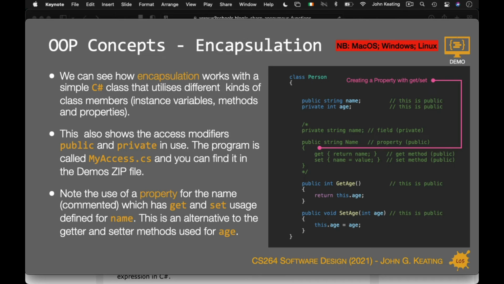This get and set are a shorthand notation for setting up accessor methods on this property. So we can say something like name is assigned the value of Joe Bloggs, or we might use name in a print statement.